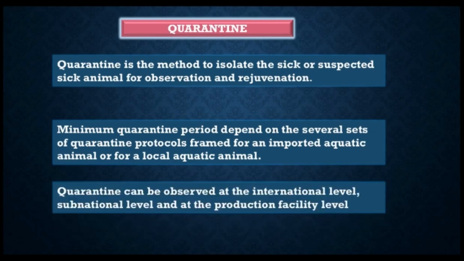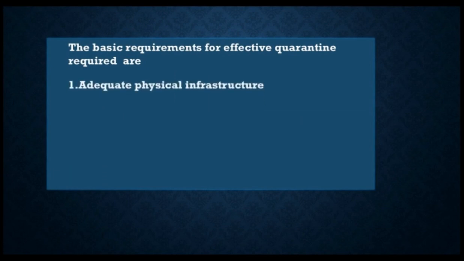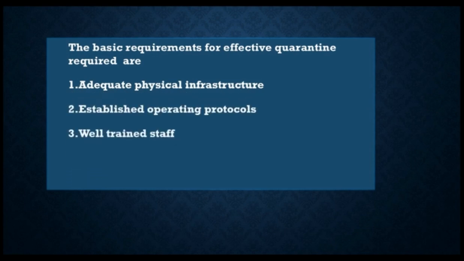Quarantine can be observed at the international level, subnational level, and at the production facility level. The basic requirements for effective quarantine are: adequate physical infrastructure, established operating protocols, well-trained staff, and biosecurity management.